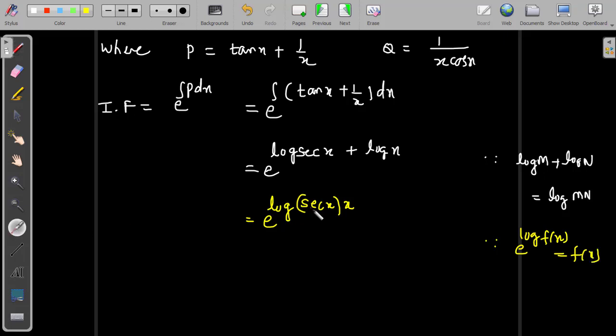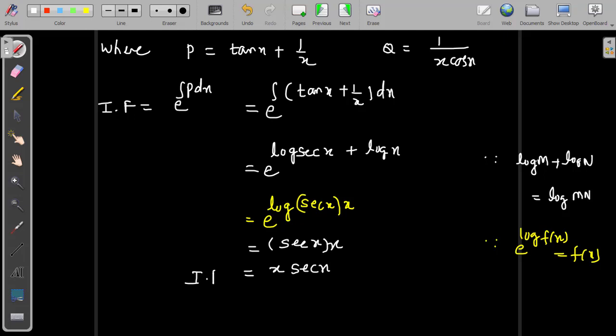The e and log will cancel out, and you are left with the function of x. So as per the rule I am writing x times secant x, or you can write secant x times x. This is the same as x times secant x, which I have written in the next step.